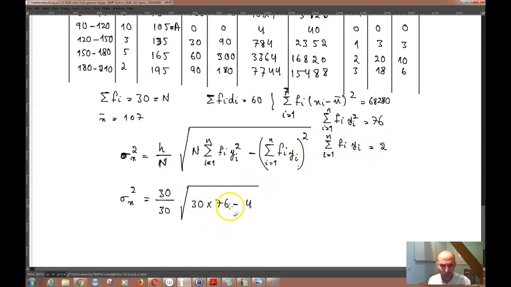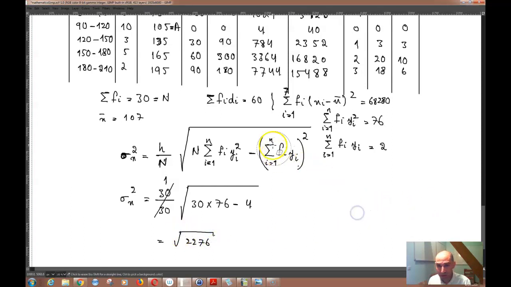And 76 times 30 is 2280. 2280 minus 4 is equal to 2276, and we take the square root of 2276, which you can calculate.